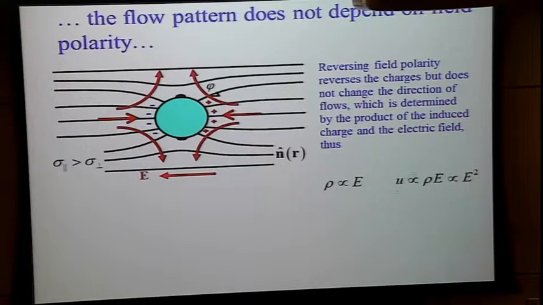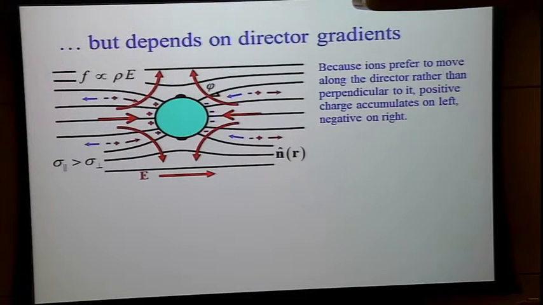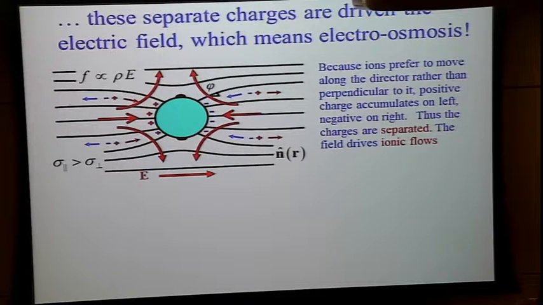But the force that acts on the clouds is the product of the charge and the electric field, and since both of them changed their sign, the product is of the same value. That means that despite the reversal in the polarity of the electric field, the flows would still be the same. Let me show you the previous slide and the next slide.